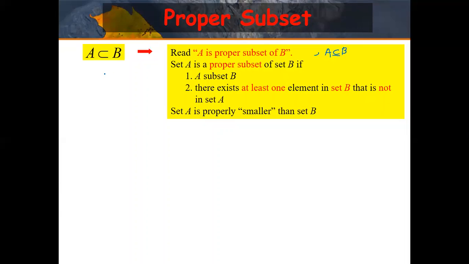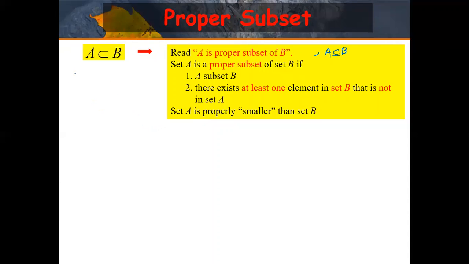Kalau first condition pun dia tak satisfy, so means that A is not proper subset of B. So first step is A subset B. Boleh ke B subset A? Kalau B subset A, you kena tengok elemen B dululah. Semua elemen B berada dalam elemen A. Itu maksud dia.